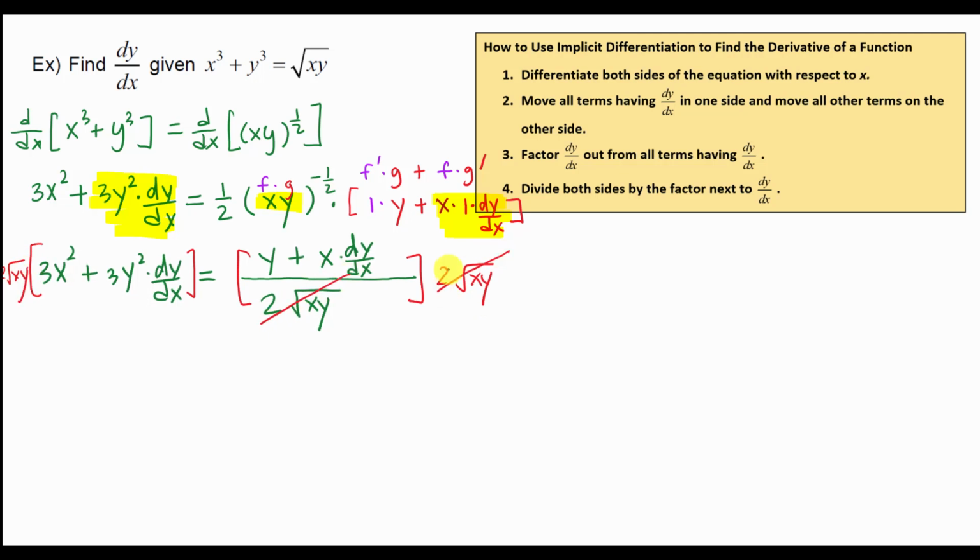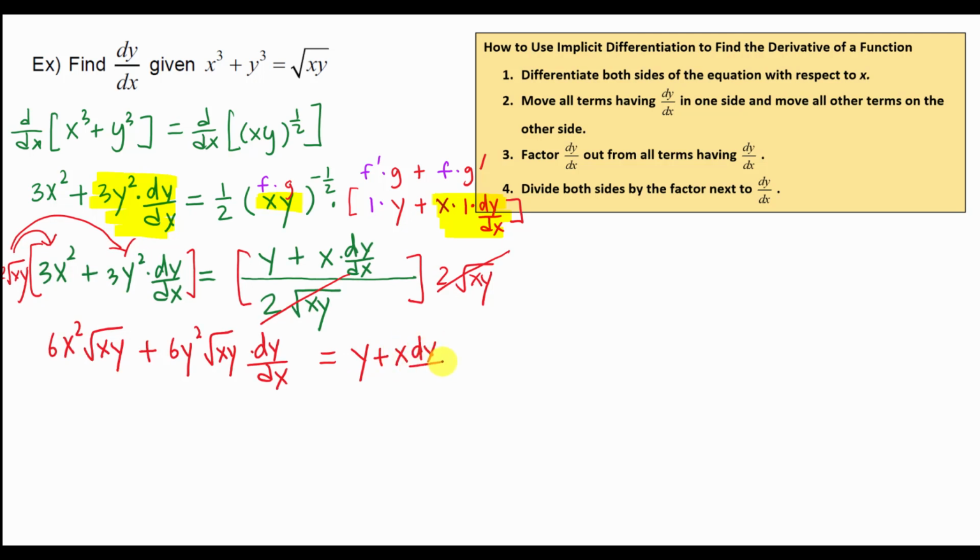Now I do see that x dy dx can be moved, and this I will distribute so that the dy dx term can be separated. So then I will have 6x squared radical xy plus 6y squared square root of xy dy dx equal y plus x dy dx.